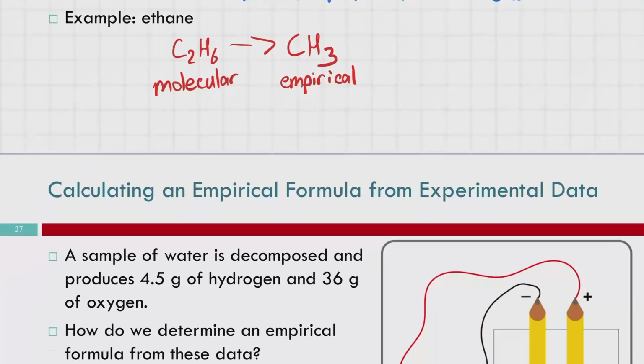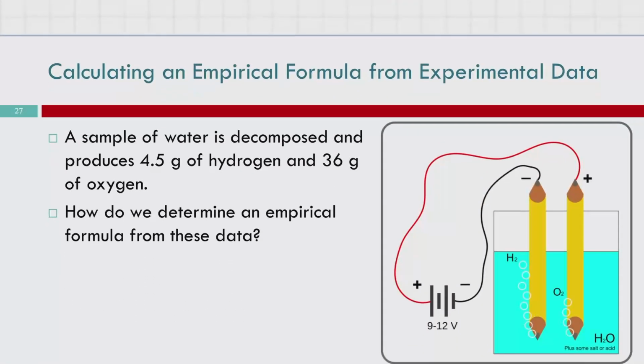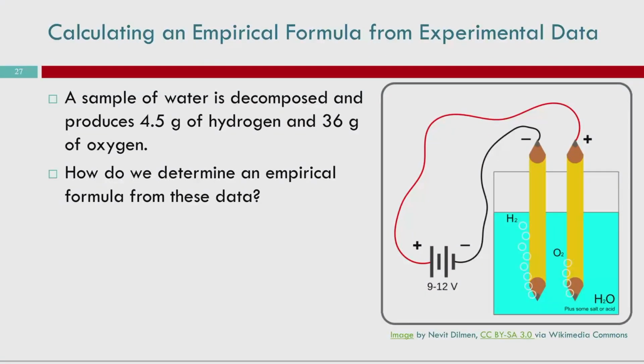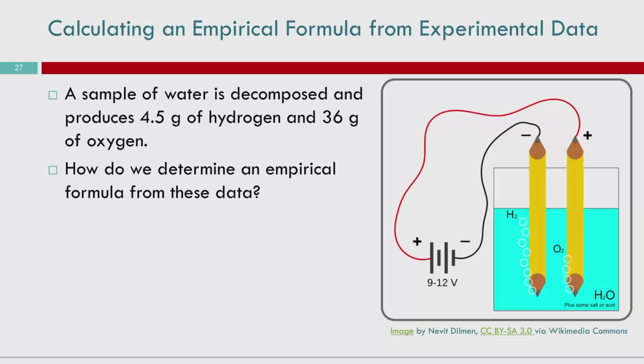We can calculate this from experimental data. So this is apparently an experiment that you could do at home. You can separate water molecules into hydrogen gas and oxygen gas. I don't recommend doing this for a number of reasons. Playing with electricity around water is dangerous.